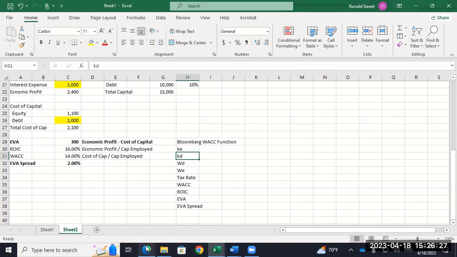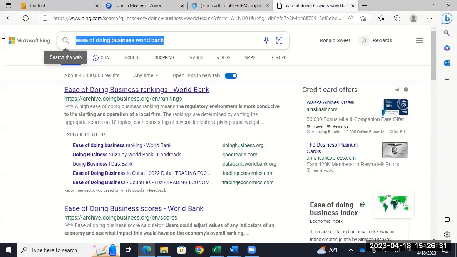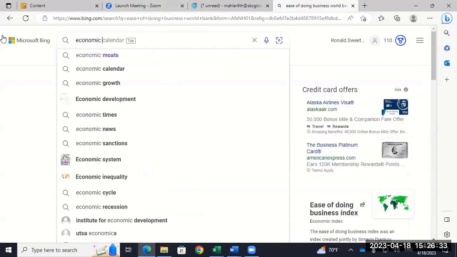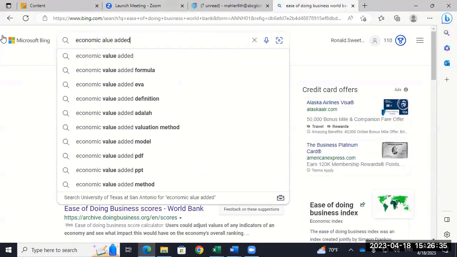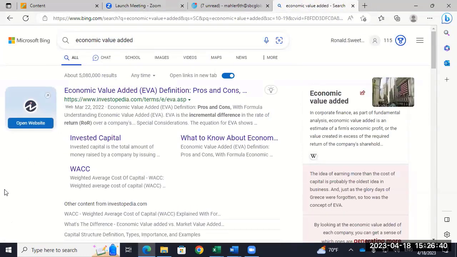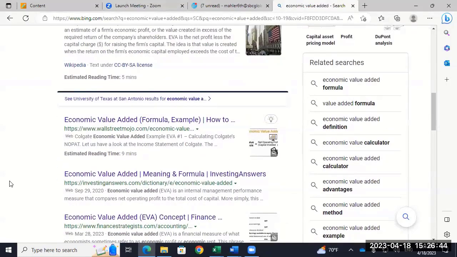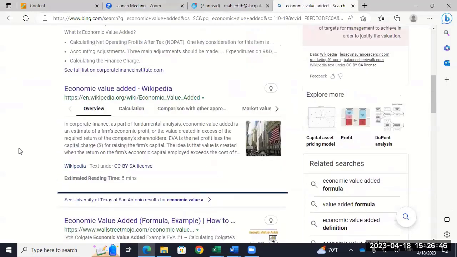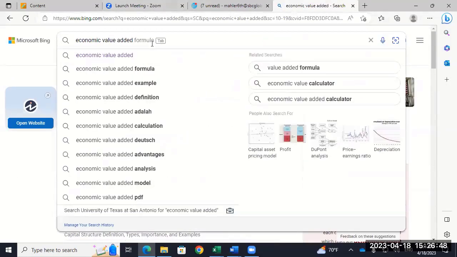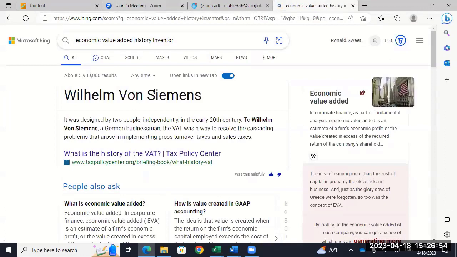So economic value added is a powerful tool. It's been around, I forget how many years, maybe 20, 30 years. It started essentially when I started my career. I forget who invented it.